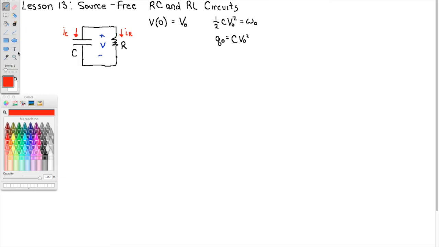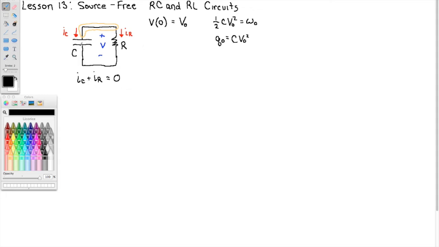Let's write that down. From Kirchhoff's current law at the top node, IC plus IR, the sum of the currents leaving, equals the sum of the currents entering, but there are no currents entering, so that must be 0.